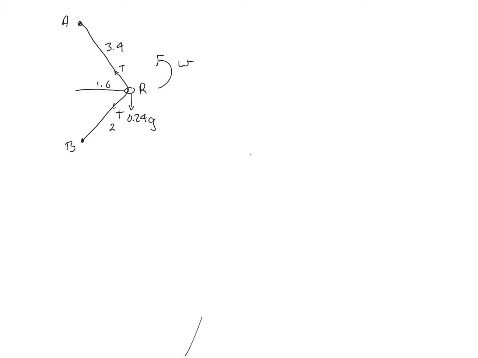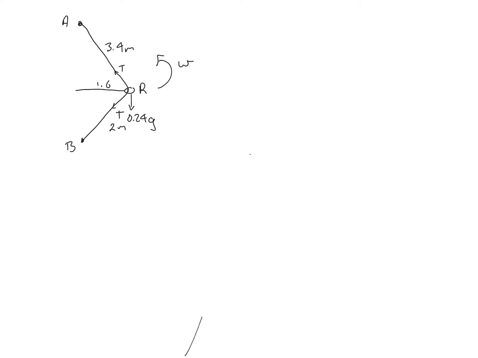The circle has radius 1.6 meters. Okay, we can see that. AR is 3.4 and RB is 2, as shown in the figure. Okay, that process of just reading through the question, yeah, that's how we can start.